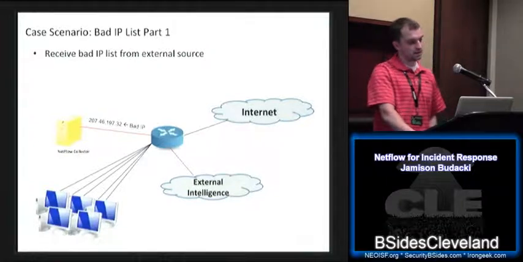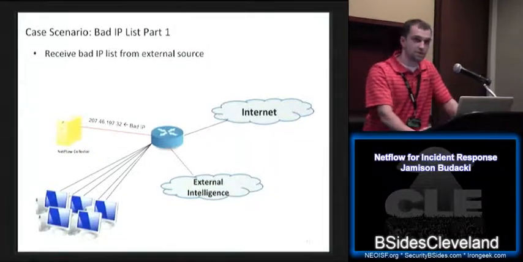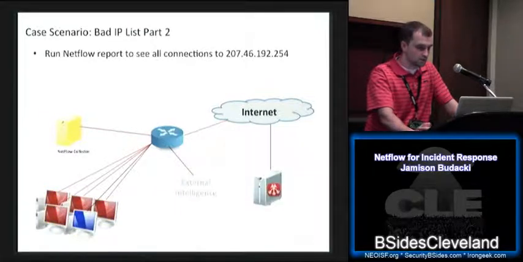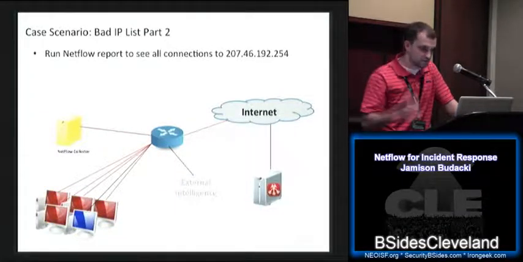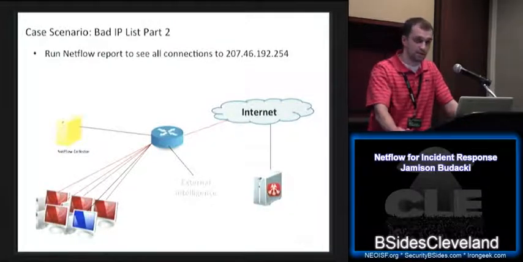Say you get external intelligence from a trusted source such as law enforcement or a colleague. They send you some information about a bad IP, and you don't want any of your hosts communicating with it. What you can do is run a NetFlow report for all connections to the external IP. Then you can dig further into your investigation as to why these hosts were communicating to that bad IP.